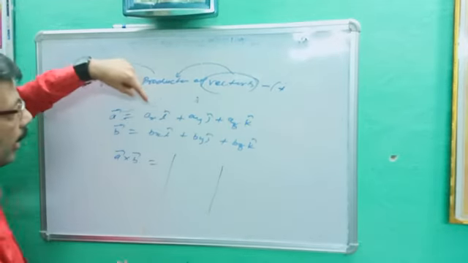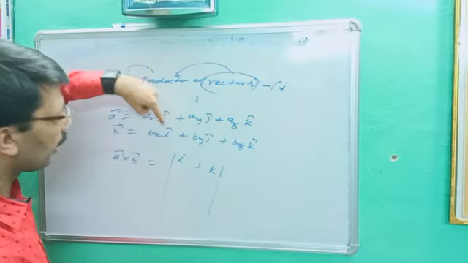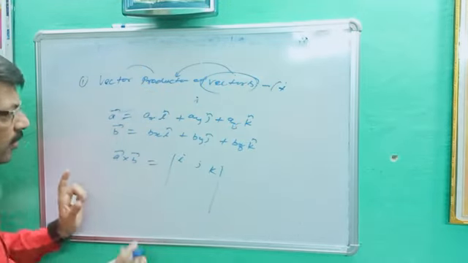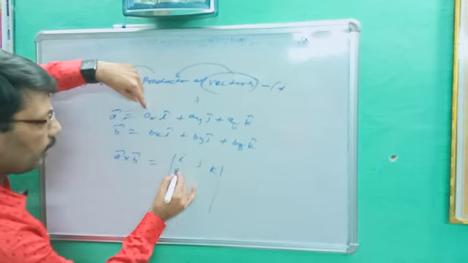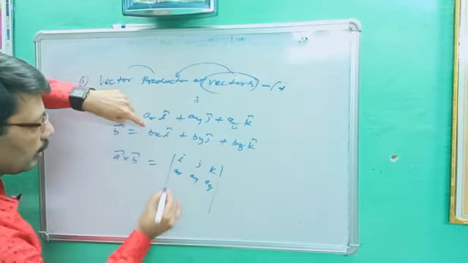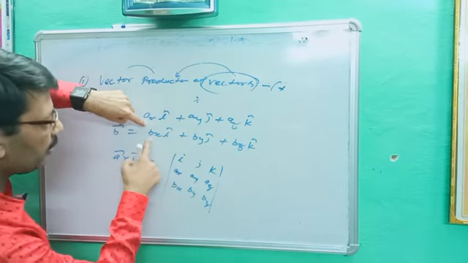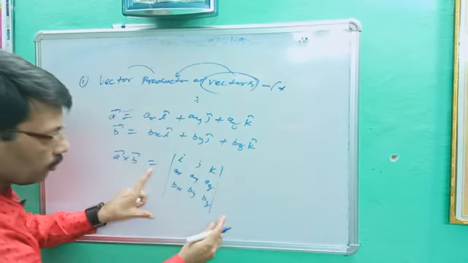First row, i j k. Here also again i j k. Next, their components. What are the components? ax, ay, az. Here components bx, by, and bz. You will put it like this.